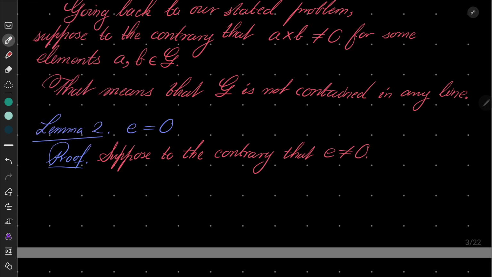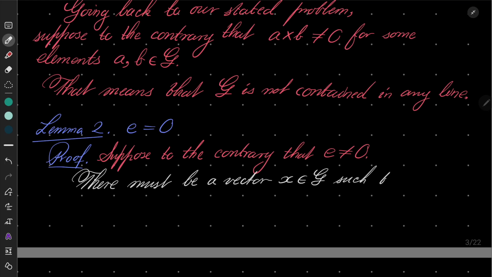Well, that means since E is not 0, and since G is not contained in any line, we can deduce that there must be a vector, let's say X in our group, such that X is not parallel to E. Again, why is that?